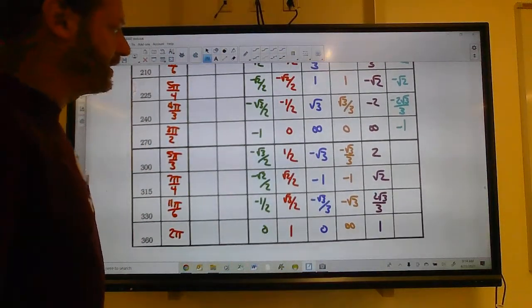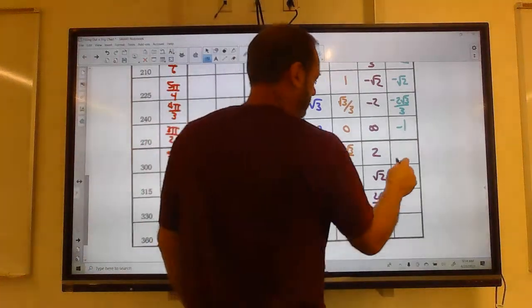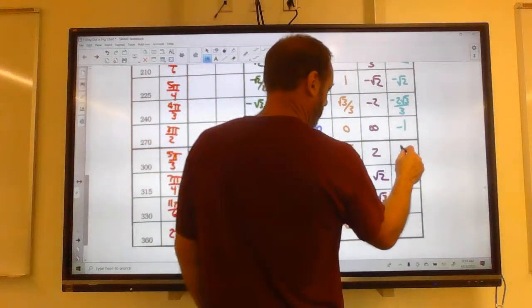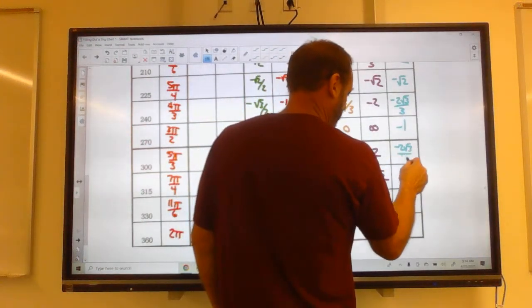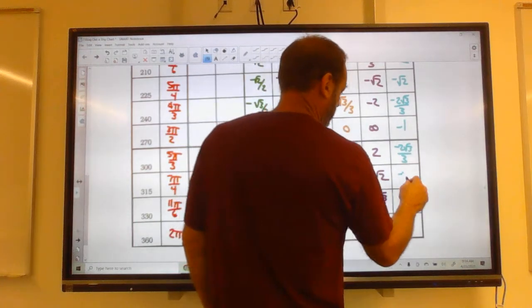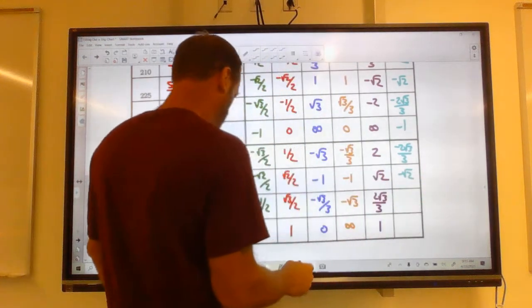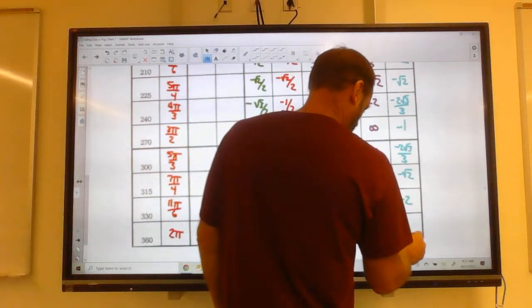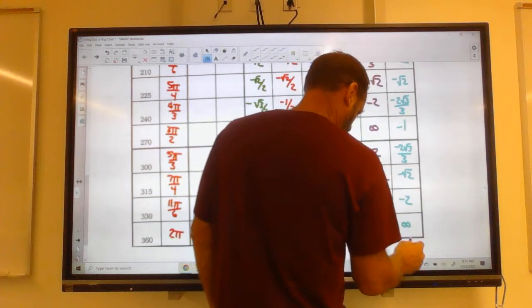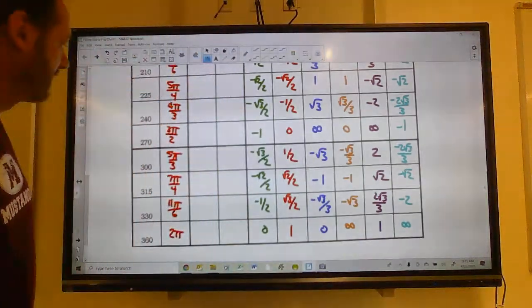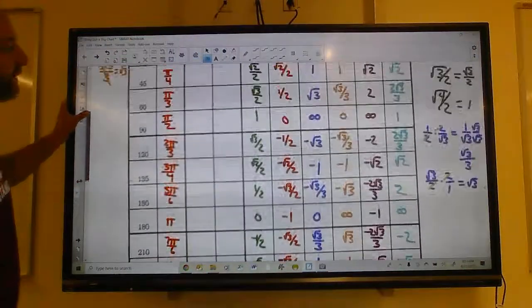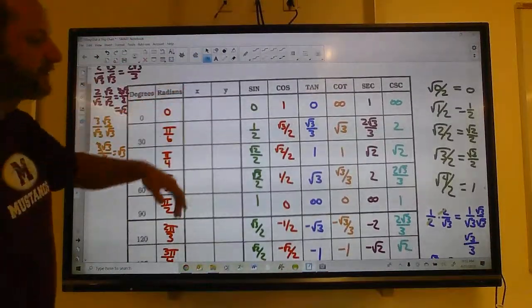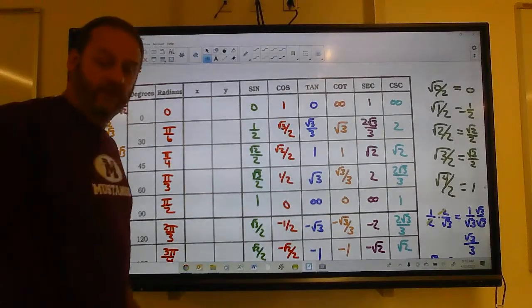And then the last quadrant is going to be also negative, and it's going to be negative 2 square root of 3 over 3, and negative square root of 2, and negative 2, and undefined. And there you have your trig chart filled out, except for the x's and y's, which we'll do later. So there you go.